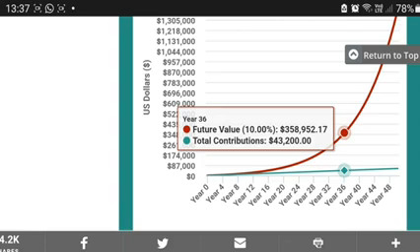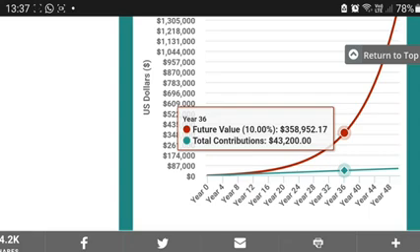Look at year 36. In year 36, your total contributions are just 43,200 Rand. But look at the value of your investments. The value of your investments would now be worth 358,952 Rand and 17 cents.